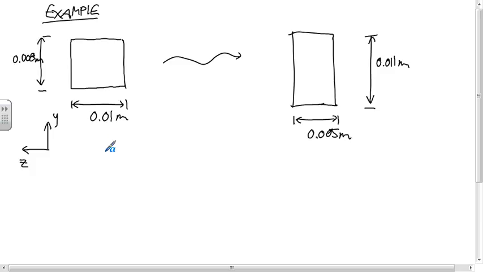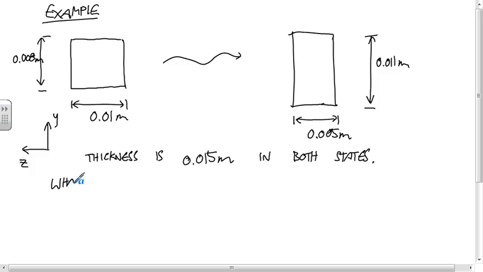And let's say that the thickness for both is 0.015 meters in both states. What are the normal strains?